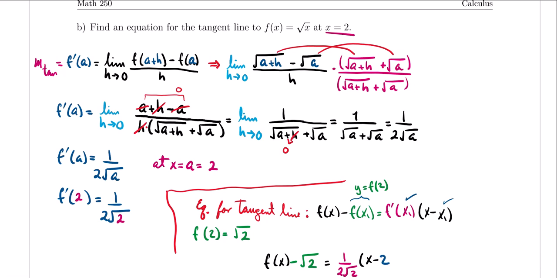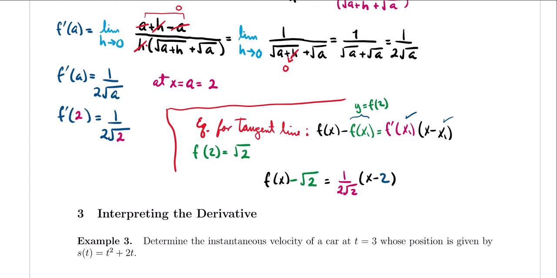And there we go. We got the equation for the tangent line here. Again, this is fully simplified. I don't want you to do any additional work, but if you wanted to add the square root of 2 to both sides, that's perfectly fine here. And this is another form of the answer.